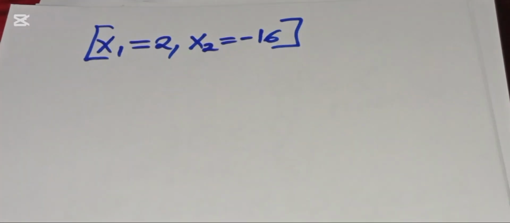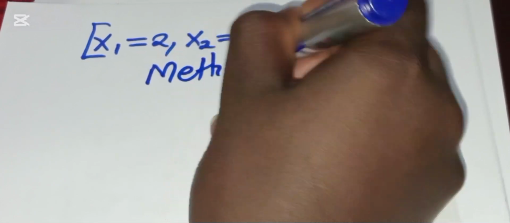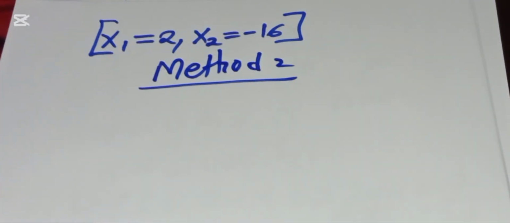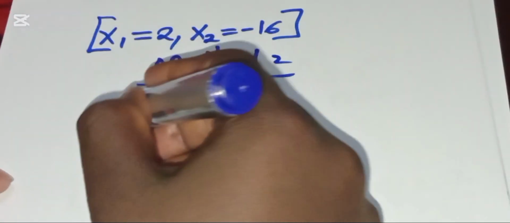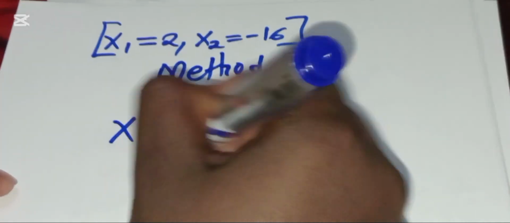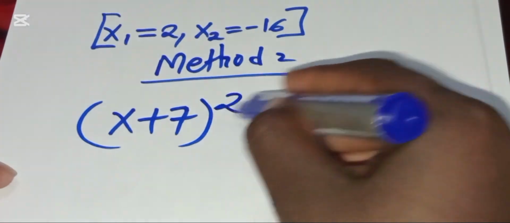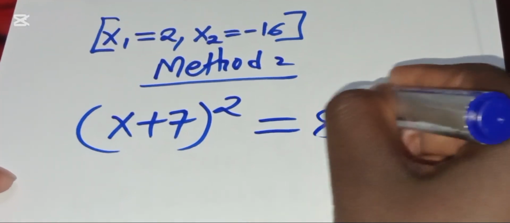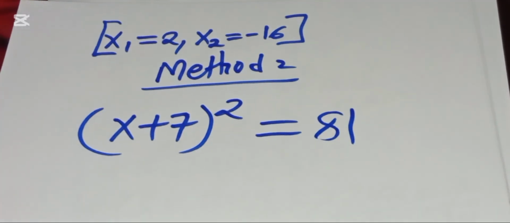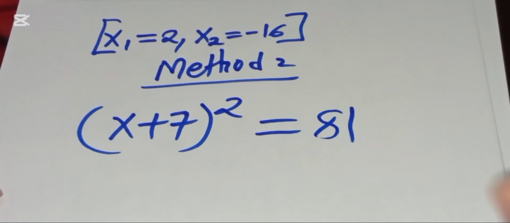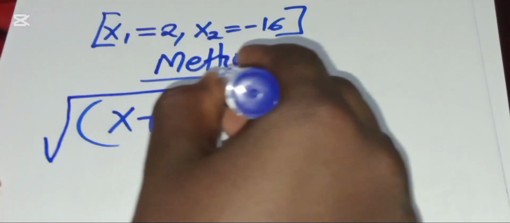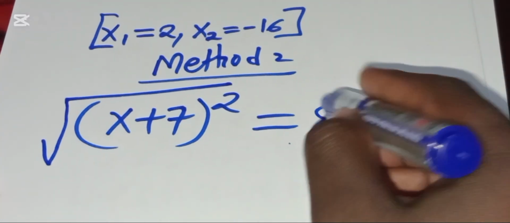Let me show you method 2 quickly. For method 2, we have (x + 7)², which is equal to 81. The first thing to do here is get the square roots of both sides.